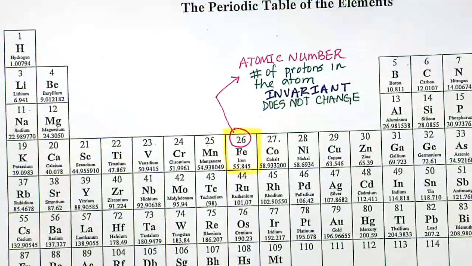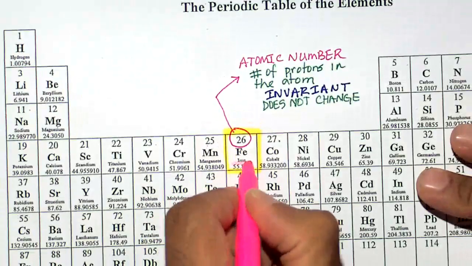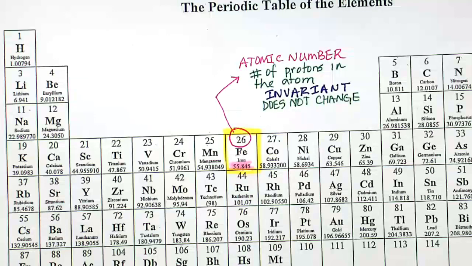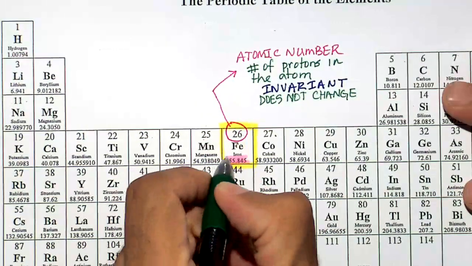this bottom number. This bottom number has three meanings, 55.845. I'll give you those three meanings and then we'll end class. The first one we already know.